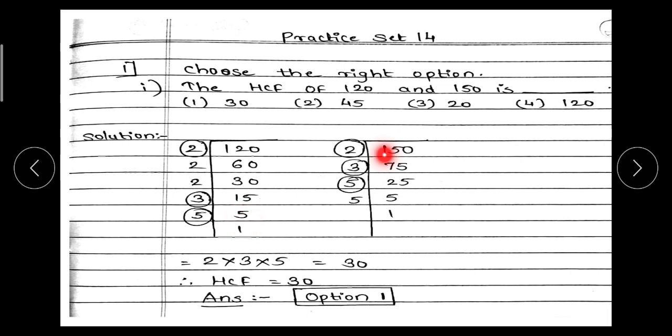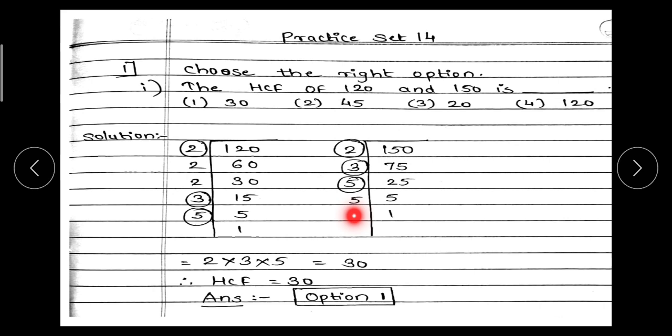Now factors of 150. So 2 is divisible. 2 75s are 150. 3 25s are 75. 5 5s are 25 and 5 1s are 5. So students, we have got prime factors of both the numbers.